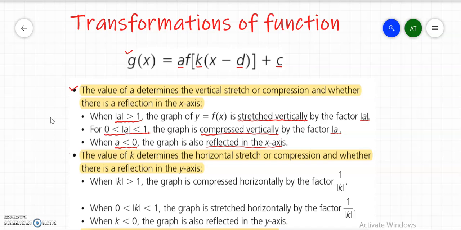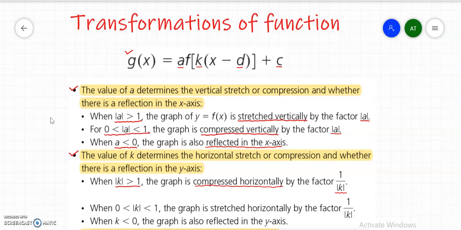Now the k value determines the horizontal stretch or compression and whether there is a reflection in the y-axis. When the absolute value of k is greater than 1, the graph is compressed horizontally by a factor of 1 by the absolute value of k.